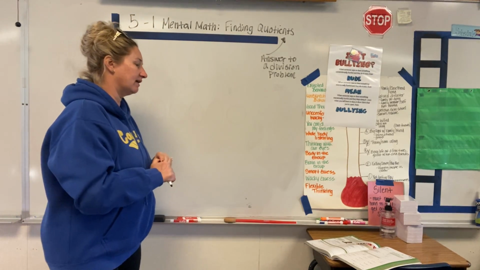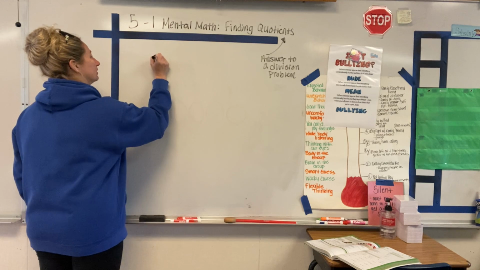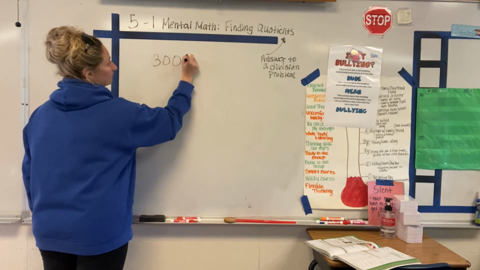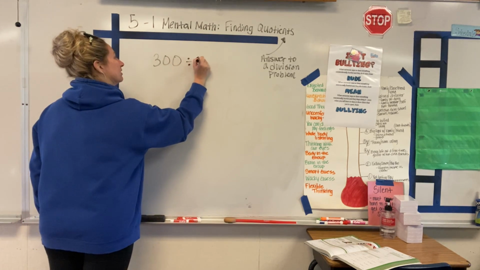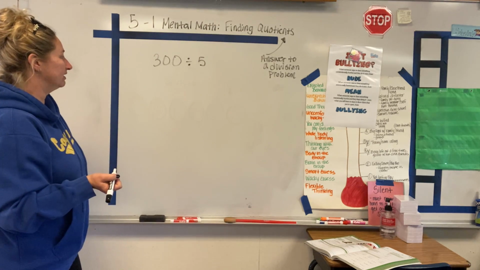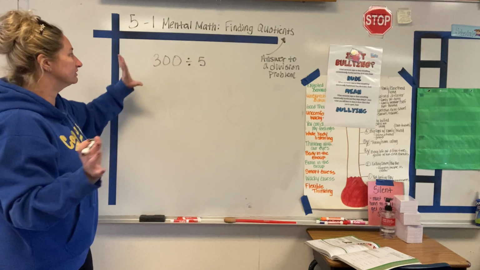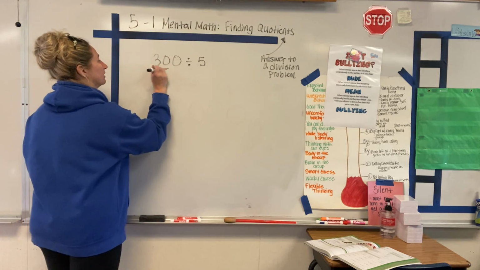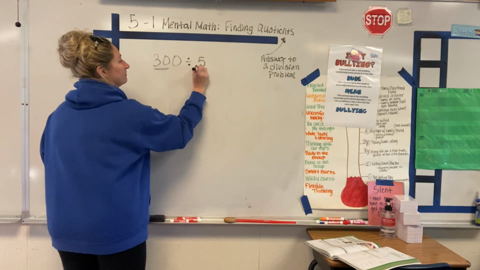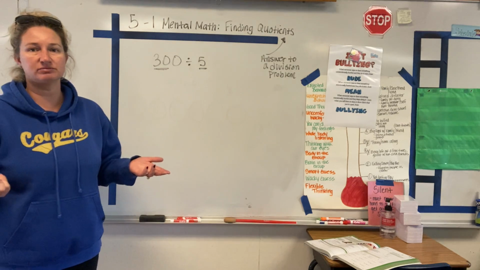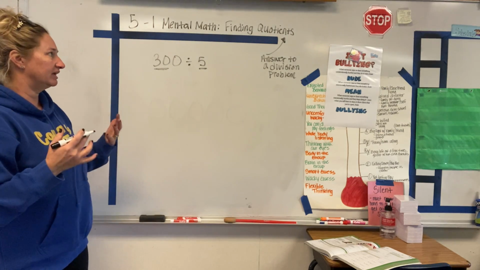So let's say we have 300 divided by 5. Okay, so we would start with the root division problem, 30 divided by 5. And when I say the root division problem, it's whatever makes sense to you.